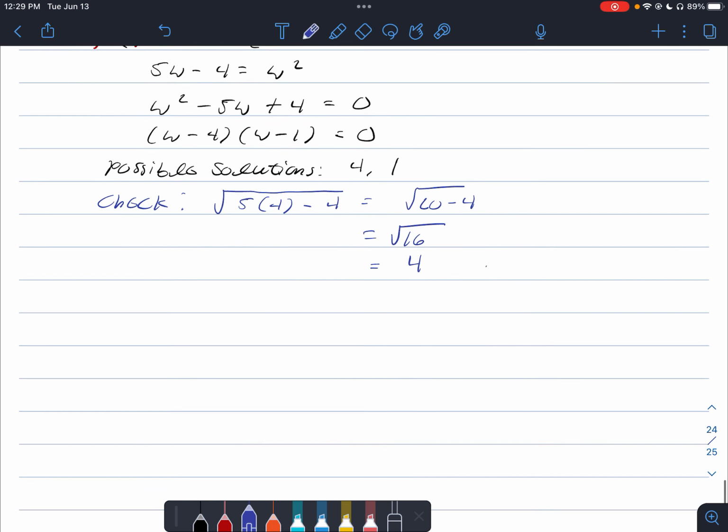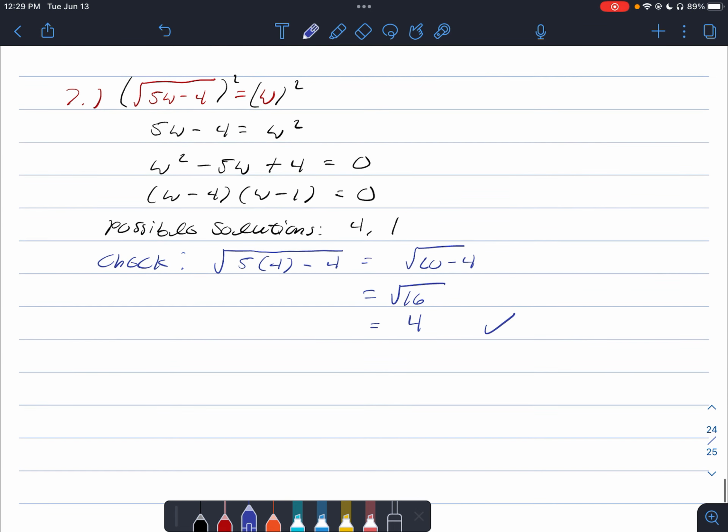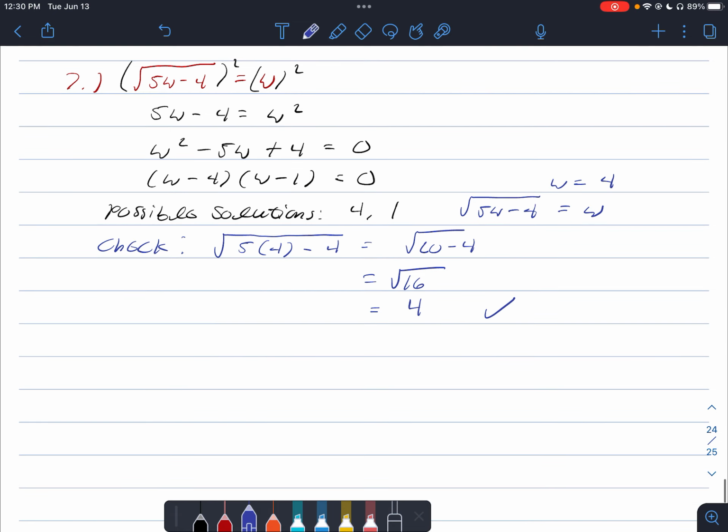So yes, that checks out. All is good. Okay, and again, just in case that wasn't clear, we got that by saying that we should have the square root of 5w minus 4 is equal to w, where w equals 4. And we'll do the same thing again here for w equals 1.